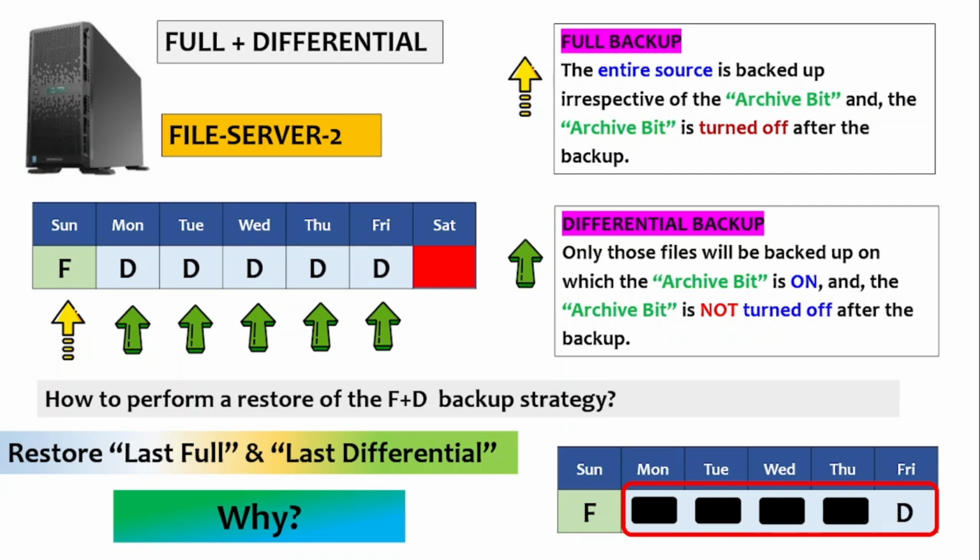So Friday's backup will contain all 4 days of changes, you can say. So Monday's changes, Tuesday's changes, Wednesday's changes and Thursday's changes will be part of Friday's backup. So that's the reason we have to restore the last full and last differential backup.